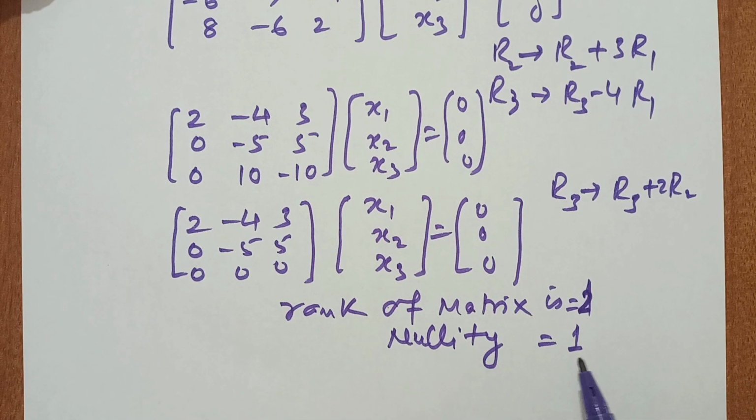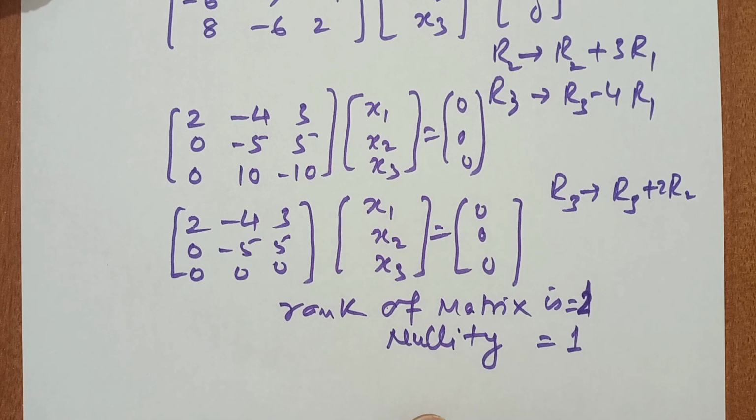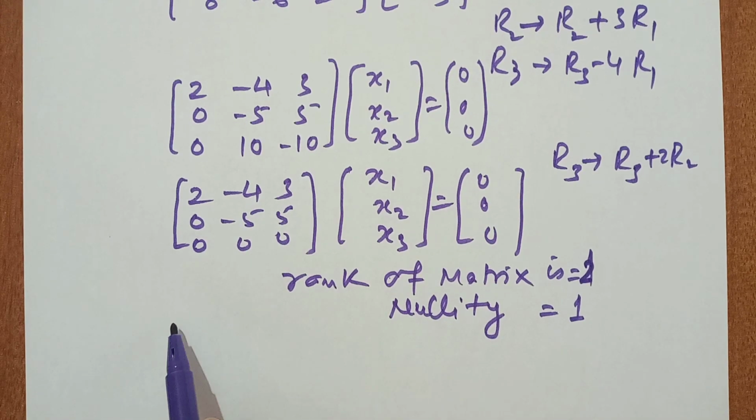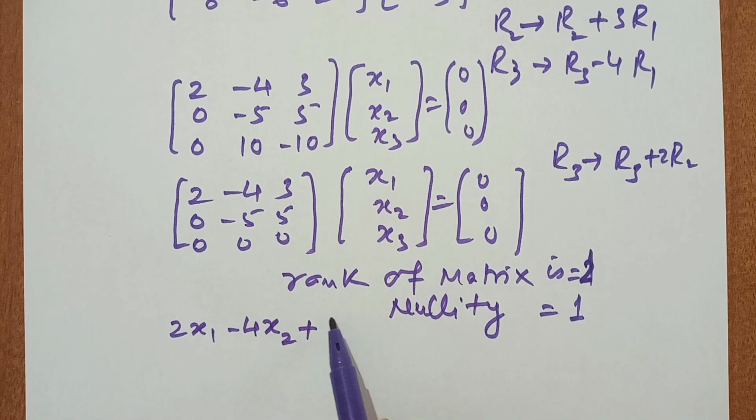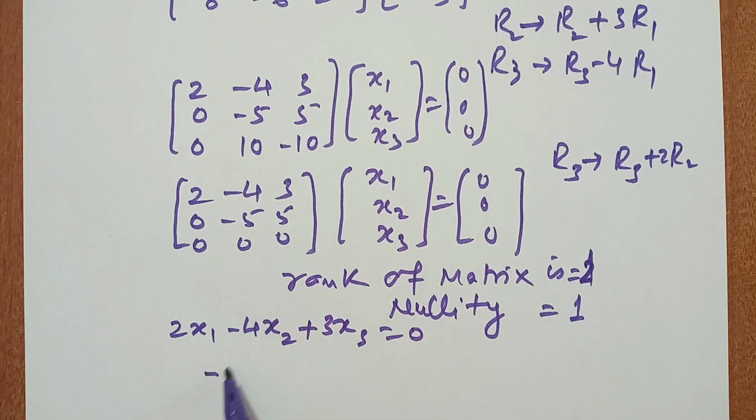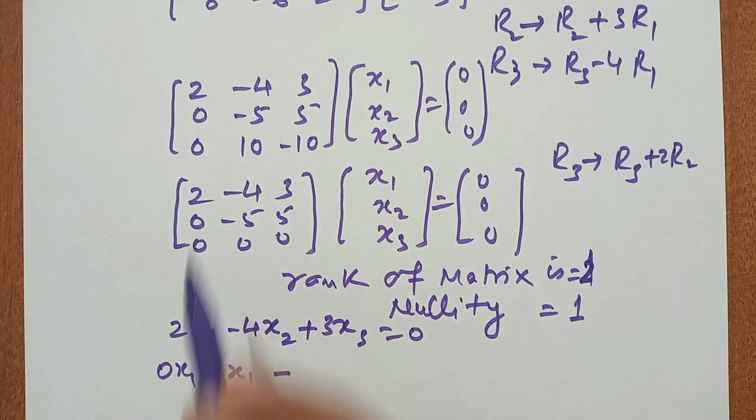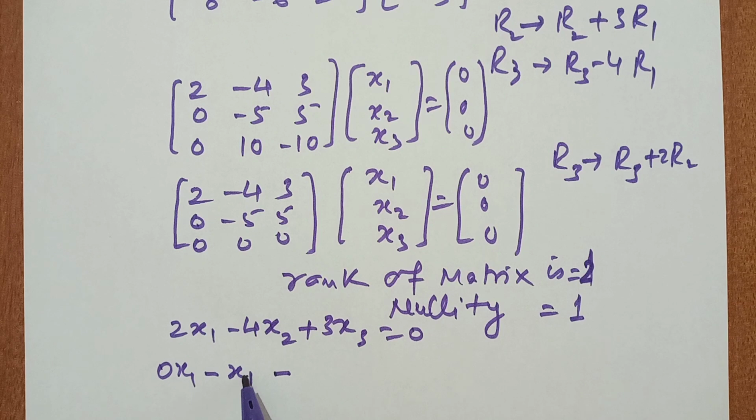Since nullity is 1, we take one variable, x3 equal to t. The equations are 2x1 minus 4x2 plus 3x3 equal to 0, and minus 5x2 plus 5x3 equal to 0, which is minus x2 plus x3 equal to 0.